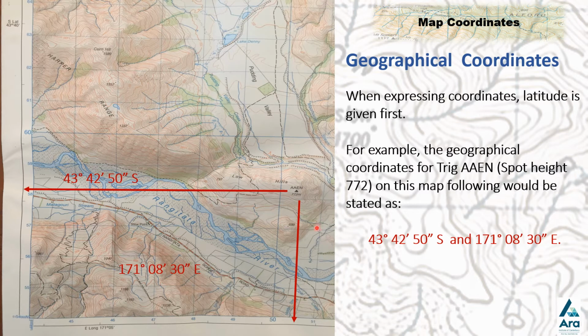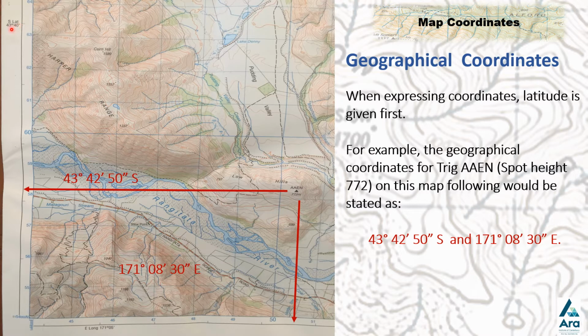If we look at this example here, we've got a trig labelled AAEN with a spot height of 772 metres above sea level. So let's give latitude and longitude for this. Given we do the latitude first, you go across from here until you get to that black line there.